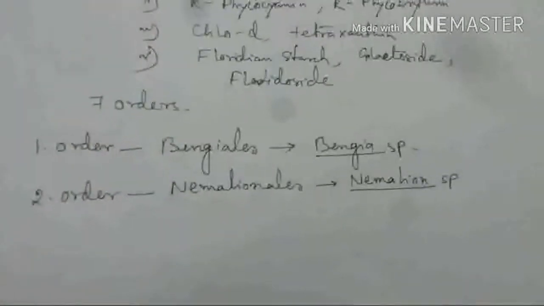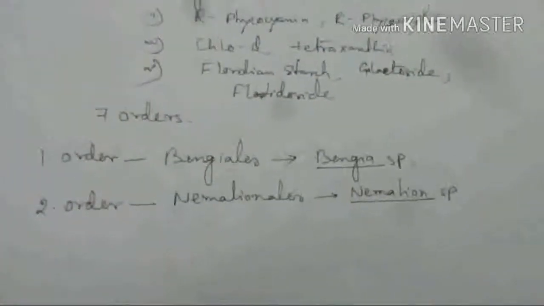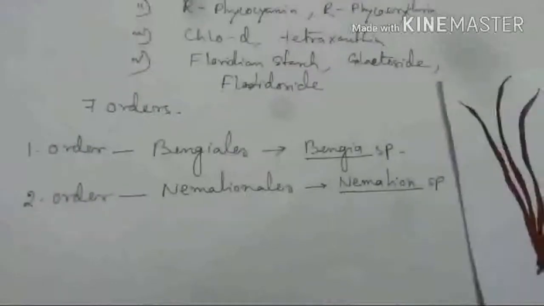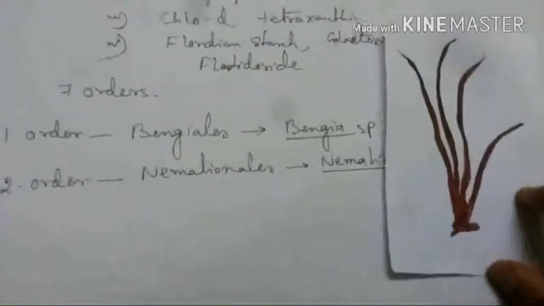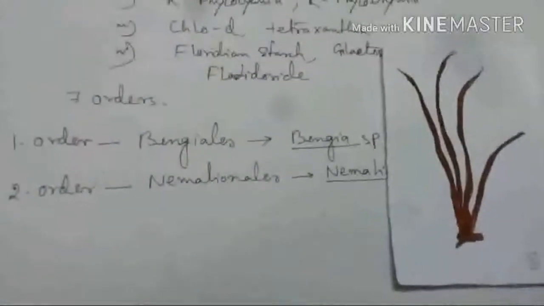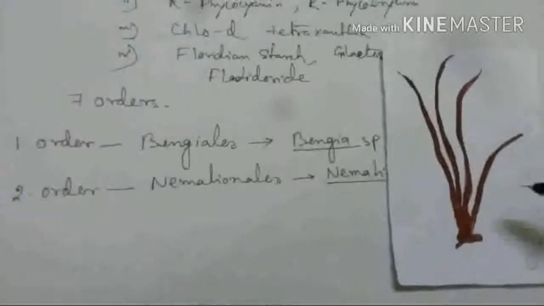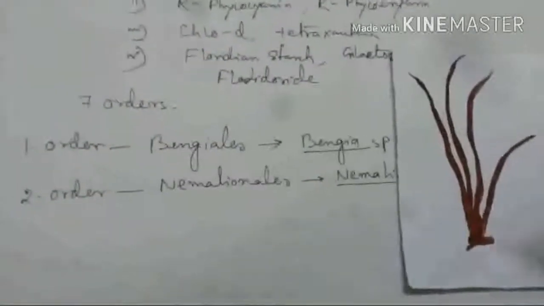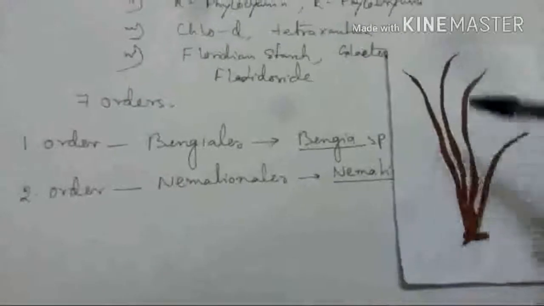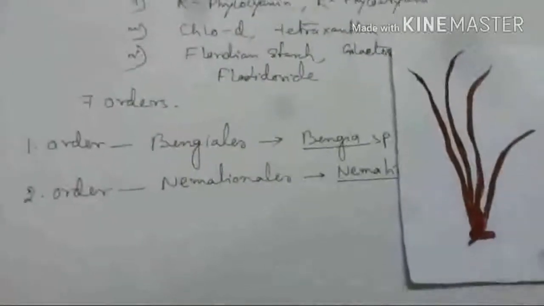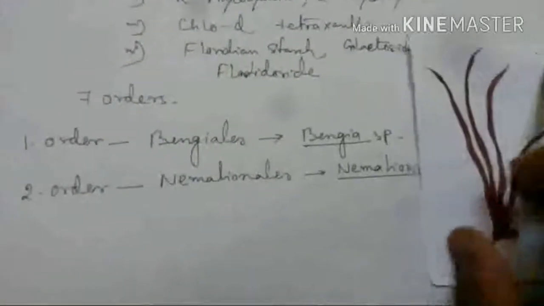Now the Nemalion algae is multiaxial, reddish brown in color, and the whole body is covered with a gelatinous matrix. So this is a Nemalion algae.